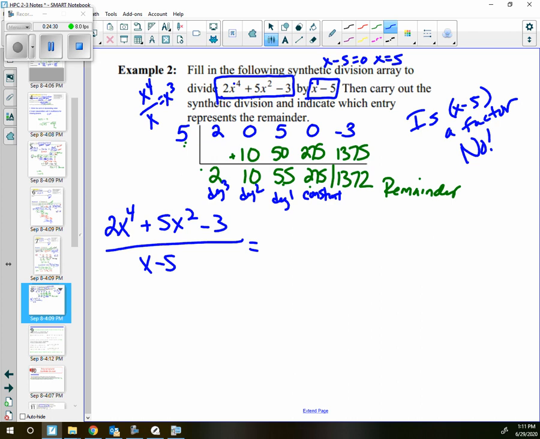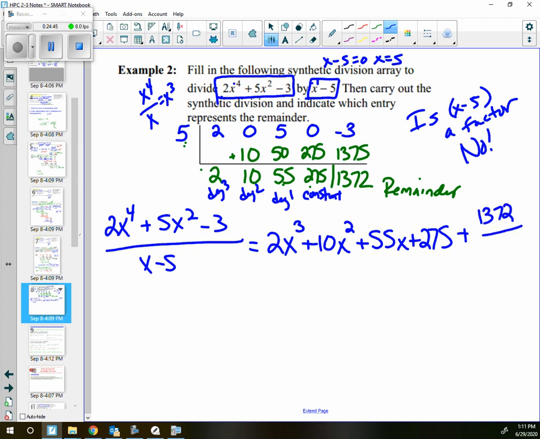So double check that when you write out your answer. So 2x to the third plus 10x to the second plus 55x plus 275 plus my remainder, 1372 over, and then what was our divisor? x minus 5. So just like we would do a regular remainder for our values.